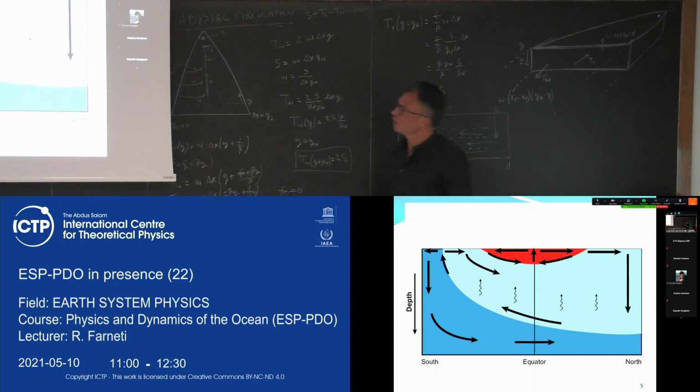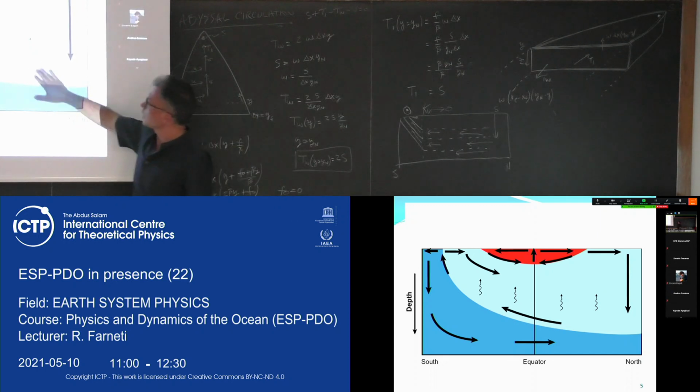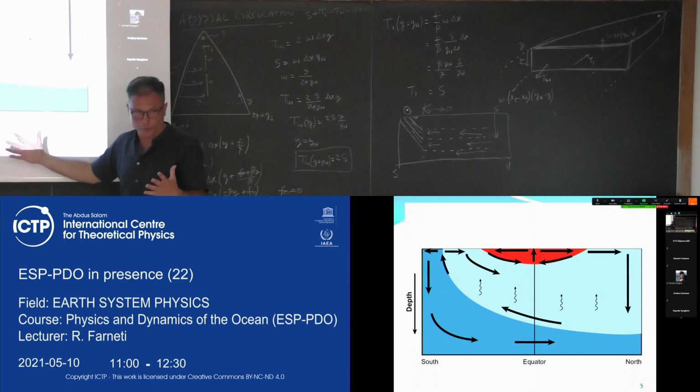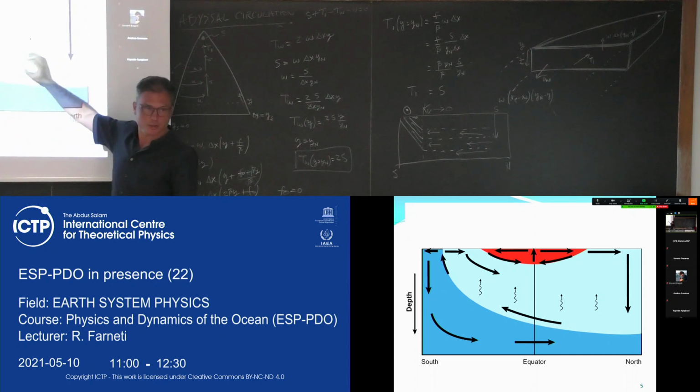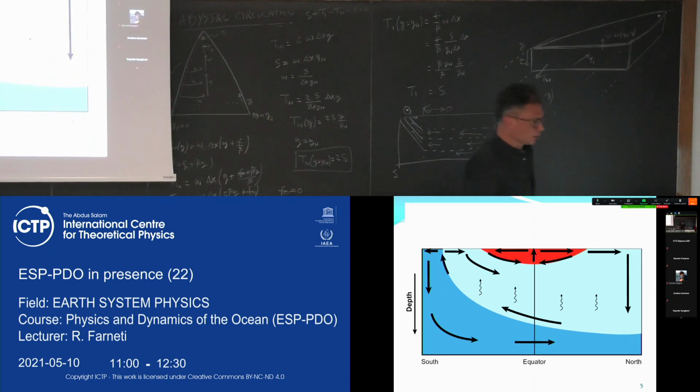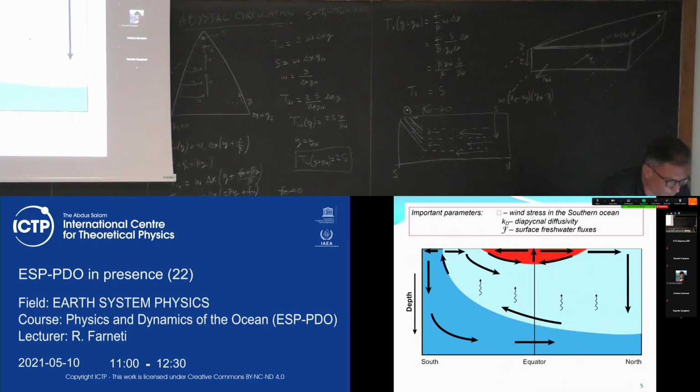So winds are more important than diapycnal diffusivity globally. In some places, diapycnal diffusivity is much more important than wind, of course, but in a global sense, wind is a major player. Okay, so for the MOC, what you need is wind stress in the Southern Ocean, that it doesn't appear, but it's a tau, diapycnal diffusivity, and buoyancy fluxes of the surface.